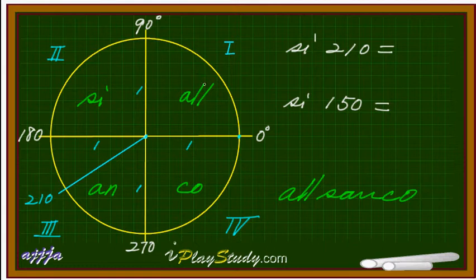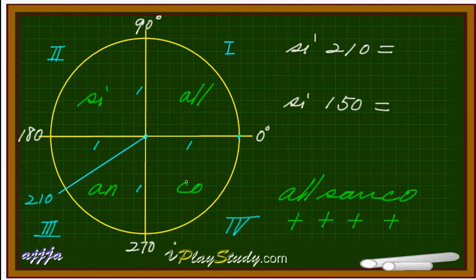That means, in the first quadrant, all are positive. In the second quadrant, only sine is positive. In the third quadrant, only tangent is positive. In the last one, only cosine is positive.